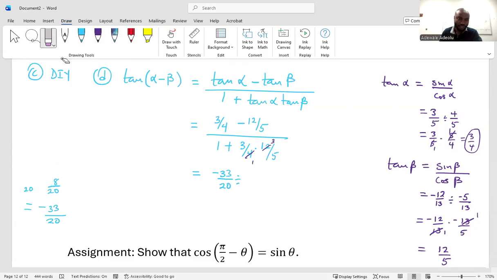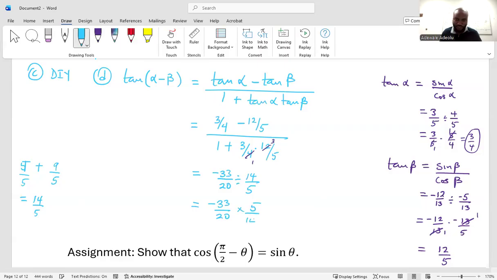So solving that part as well, we have, let me also do it somewhere here. 1 plus 3 times 3, that is 9 over 5. So I can say this is 5 and this is 5. That is still 1, right? So this is 14 over 5. So 14 over 5 divided by 14 over 5. So this is minus 33 over 20 times 5 over 14.